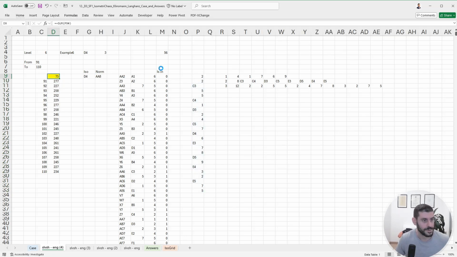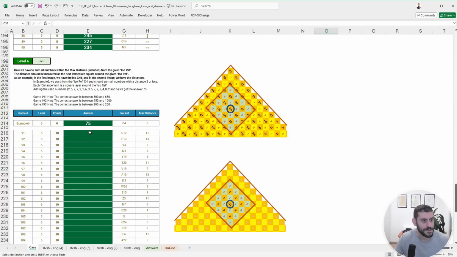Anyway, this looks good. So level 5 was also, sorry, level 6 was also very doable. Wait, 600.